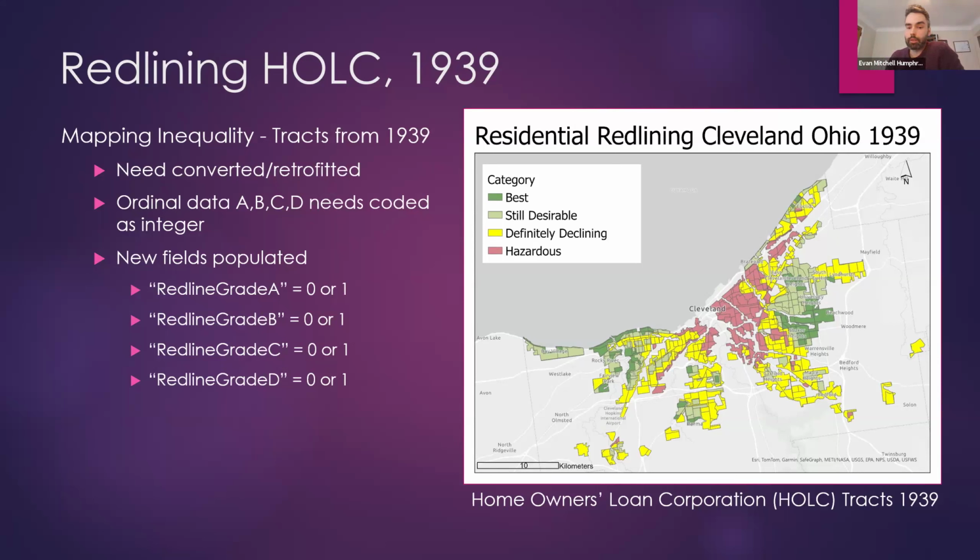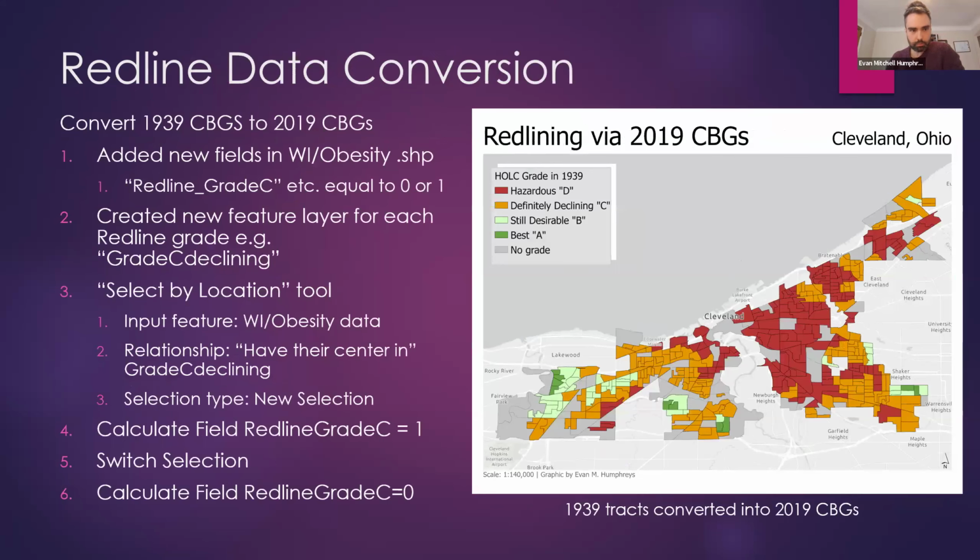So the 1939 units, they didn't align with current day units, as you might imagine. So I had to come up with a way to retrofit them to modern day units, which I'll talk about on the next slide. This is a sequence I went through for converting the 1939 redlining data to current day census block groups for use in the regression with the walkability index score.